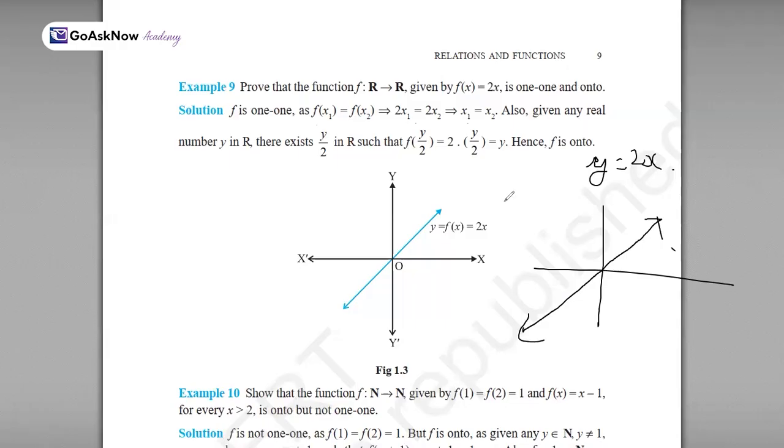So one method to check whether a function is one-one or not is to draw a line parallel to what?